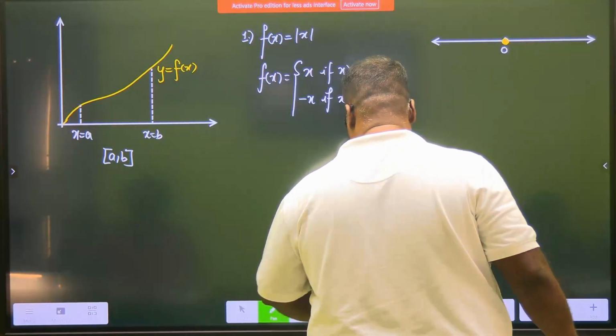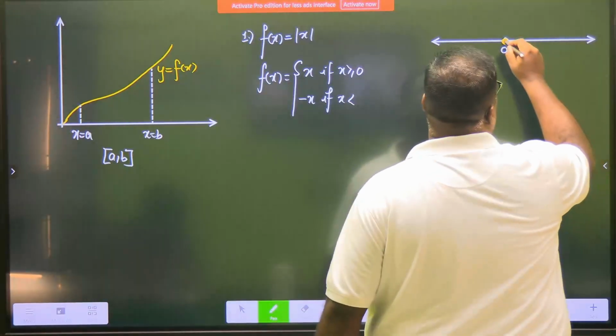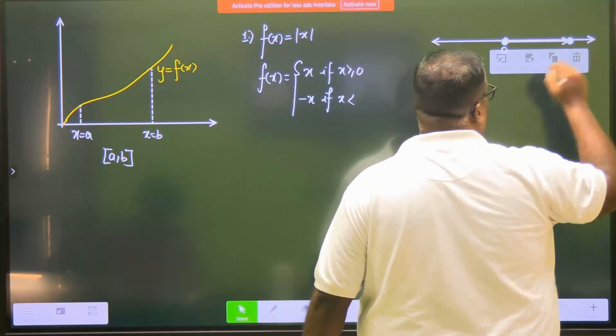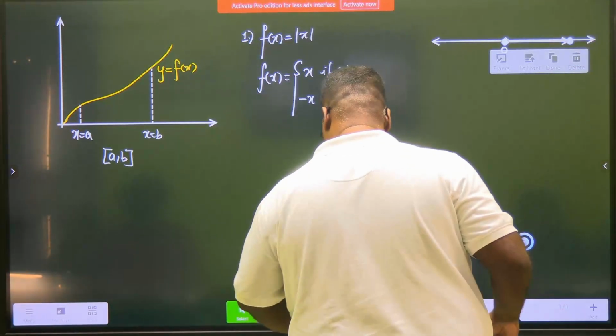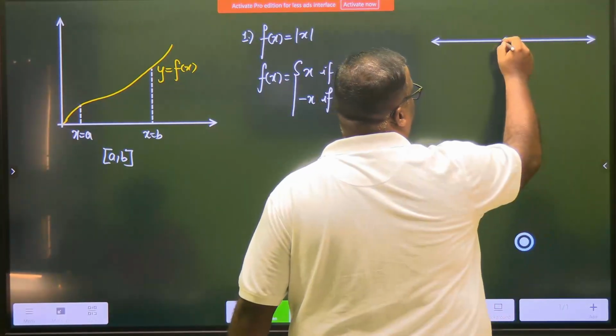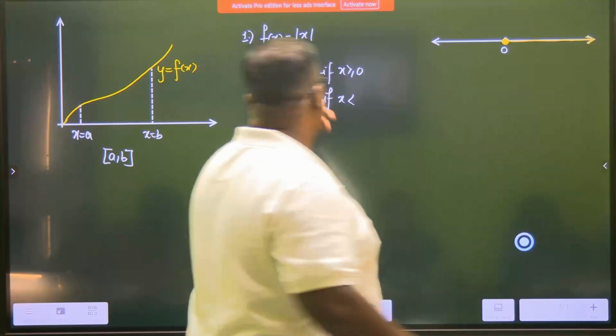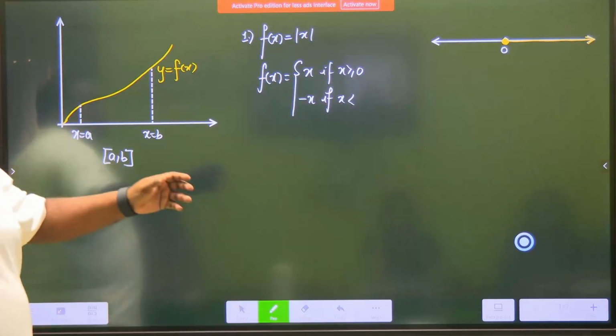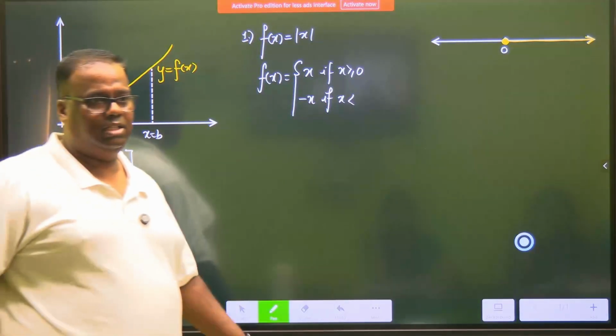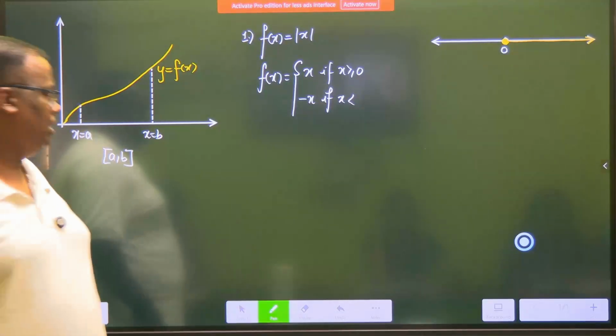If I move on this particular side, there is one sort of definition, and on the other side, 0 not included, there is another sort of definition. We'll try to solve it in a different manner now.